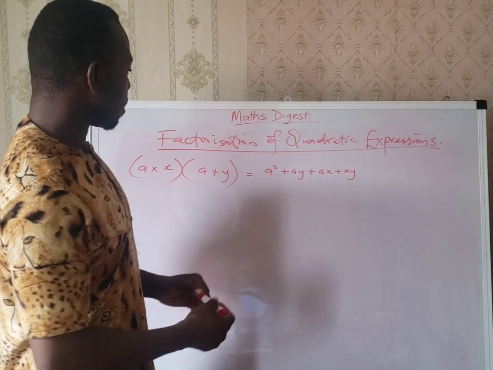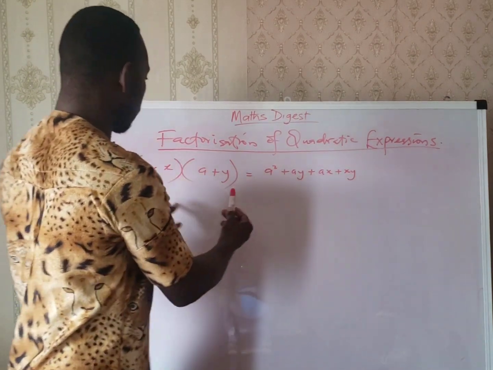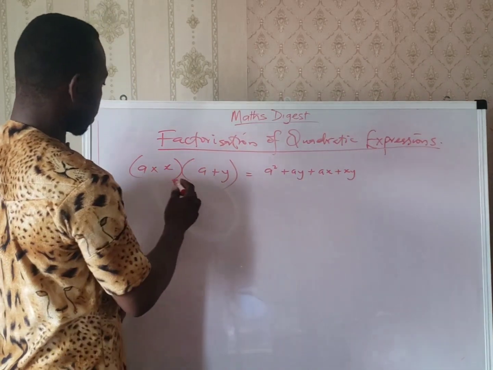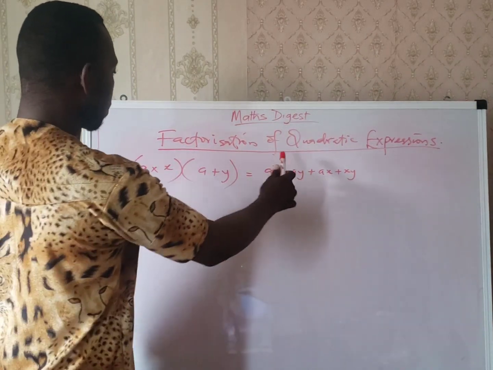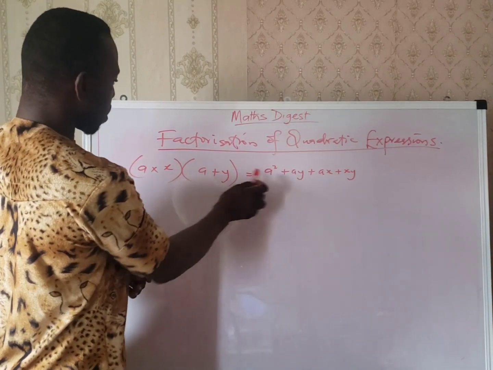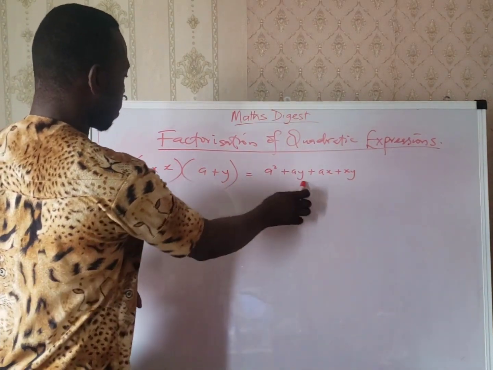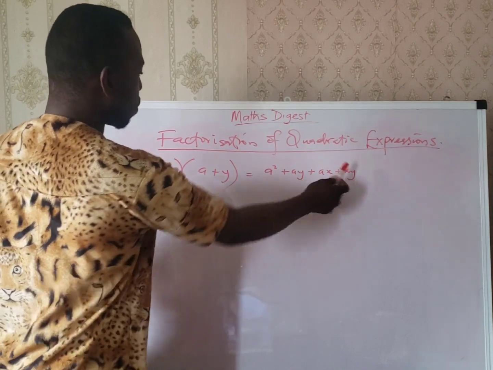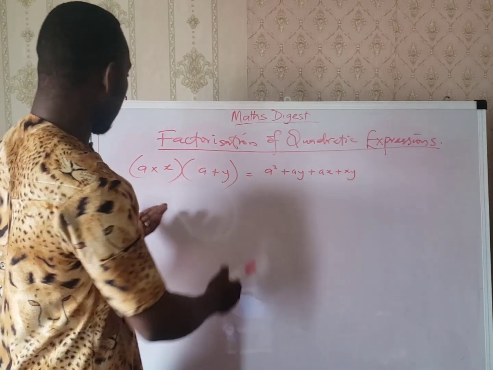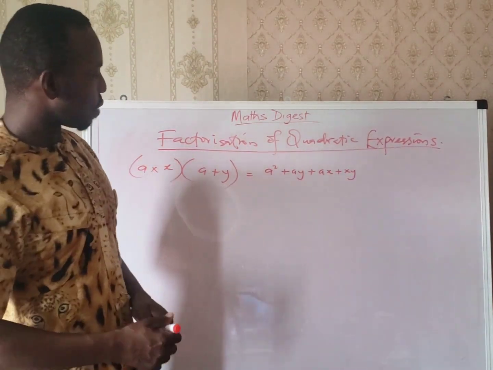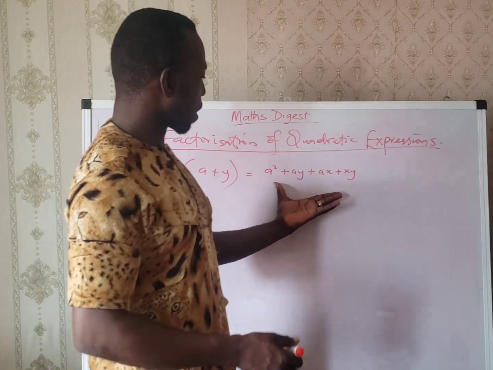These are the expressions of these factors, because when you multiply out, you have this. So these are the expressions you get from these factors.